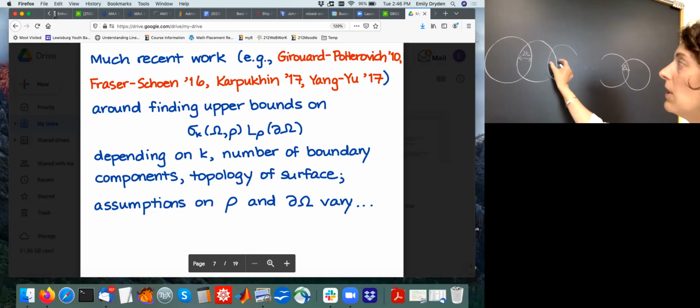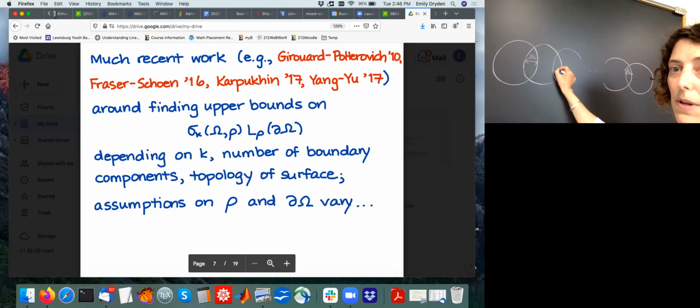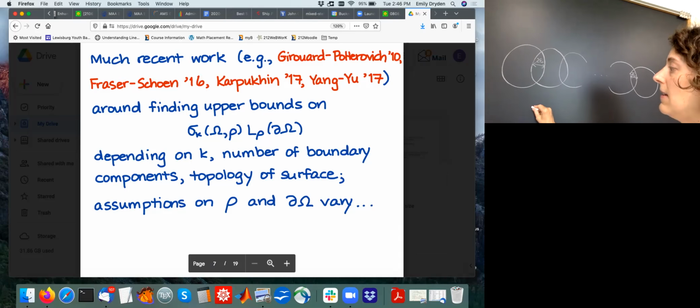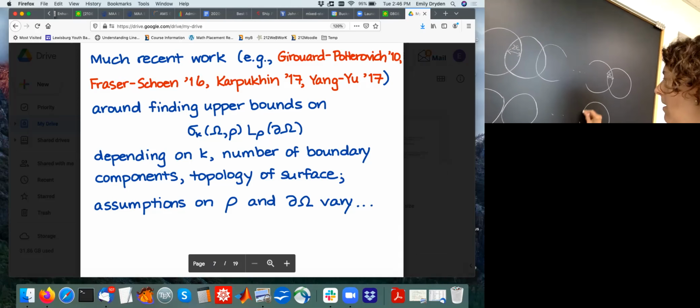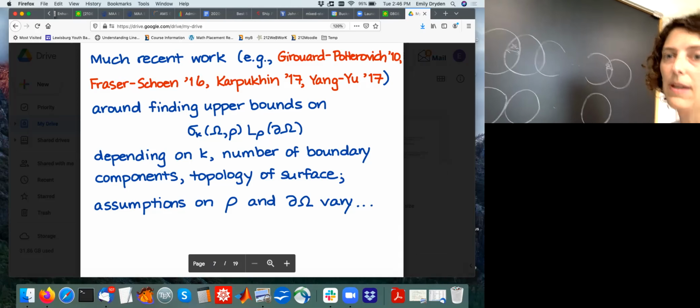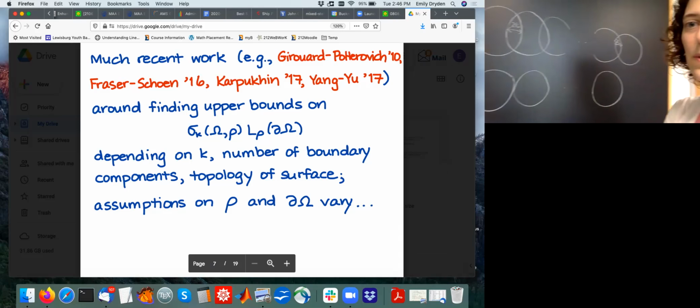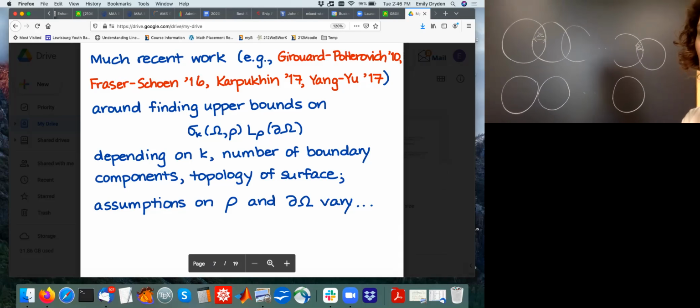And what we're going to do is let that overlap tend to 0 so that we end up with k disks that just touch at a point. And that example is what shows that the bound is in fact sharp.